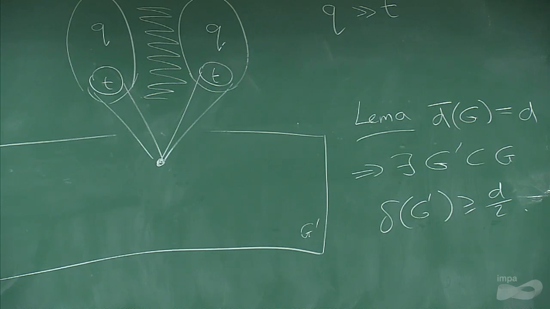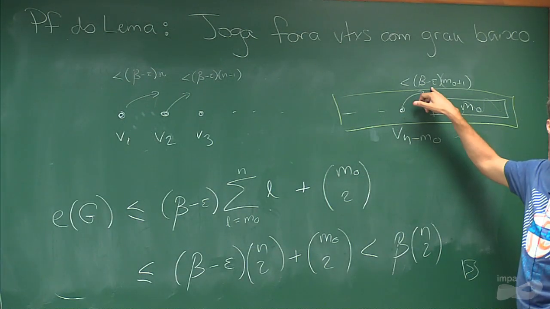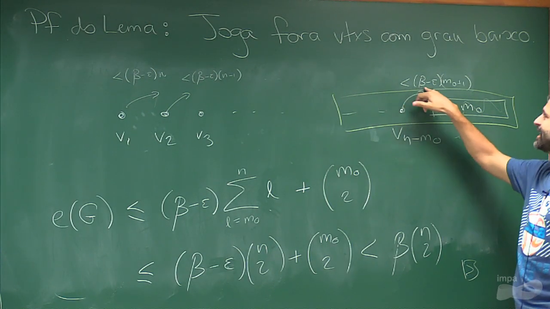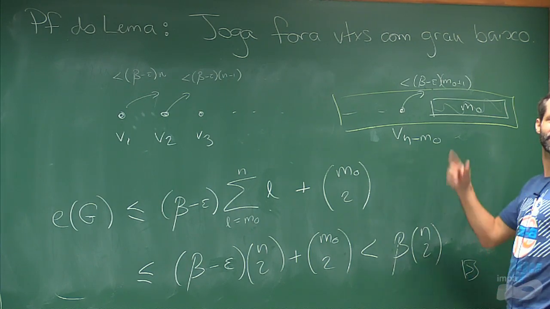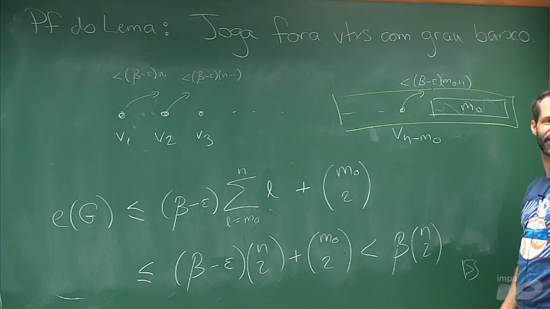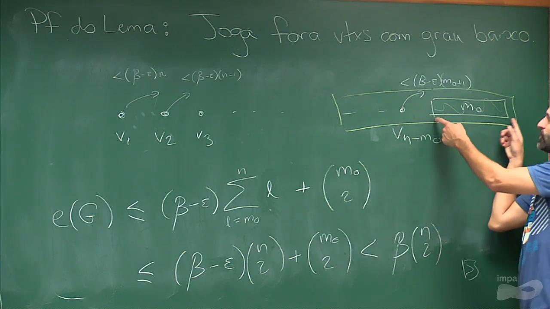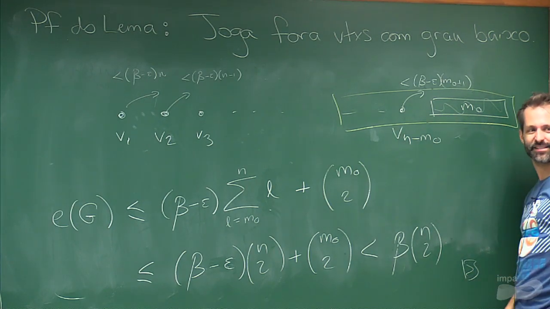So the process must have stopped earlier. At the point at which it stopped, we could not choose a vertex with this property. Therefore, every vertex had at least beta minus epsilon times that. And it will have more than m0 vertices, because you stop before this point. Exactly.